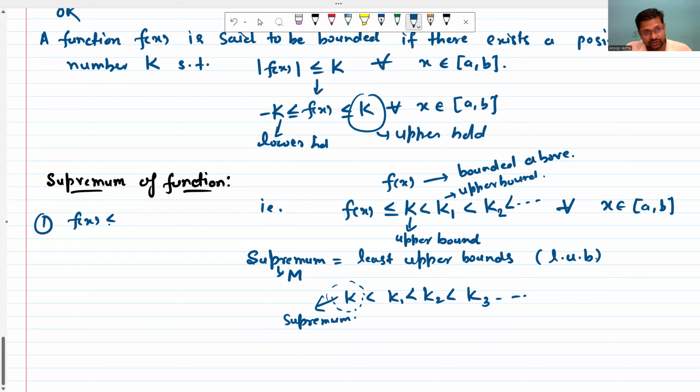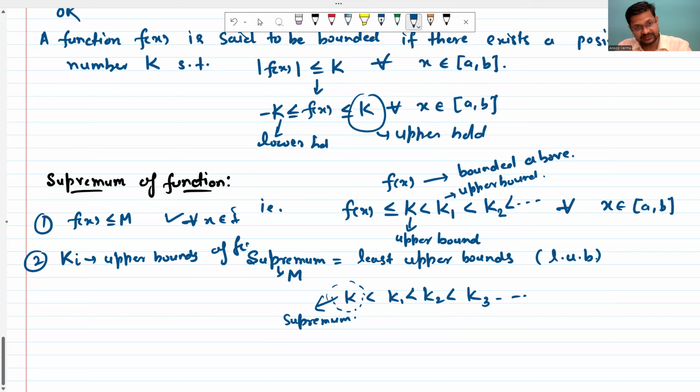Number one, this f(x) should be less or equal to capital M, पहली बात, for all x in I. And second, दूसरी बात ये कि अगर हमने कहा कि सपोज दैट हम सेइंग कि k_i is upper bounds, these are upper bounds of f(x), okay, f(x) के अपर बाउंड्स हैं k_i's, तो this M is least one of all these k_i's for all i. ओके, तो ये सारे जो अपर बाउंड्स होंगे उन सबसे छोटा हो, तो that's why we just say that the supremum of a function M is called the least upper bound, मतलब जितने भी अपर बाउंड्स हैं उनमें सबसे छोटा, that is called supremum of the function.